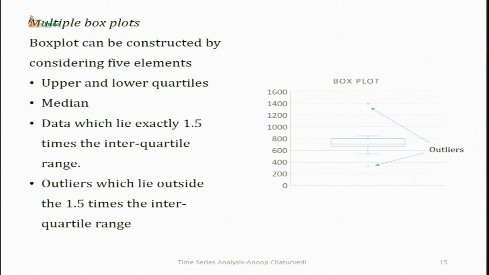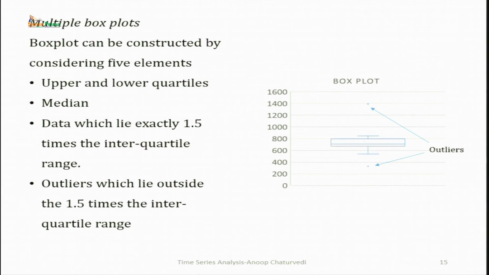So, instead of plotting the entire time series for a month or for a quarter, we just consider the box plot for that particular month or for that particular quarter. Now, first I define what is a box plot. A box plot can be constructed by considering 5 elements.